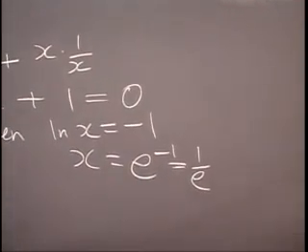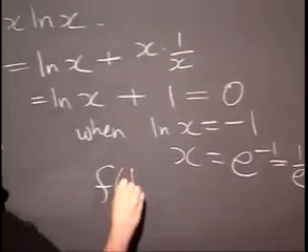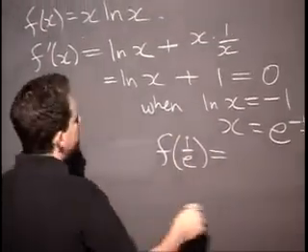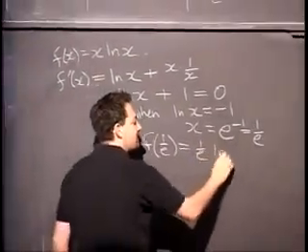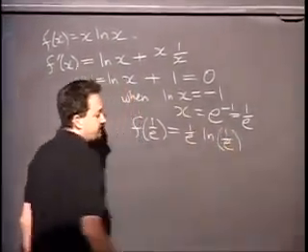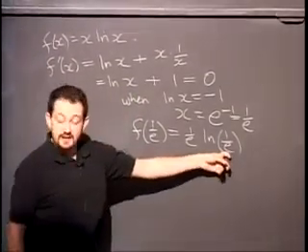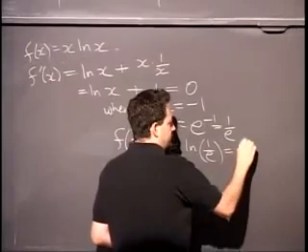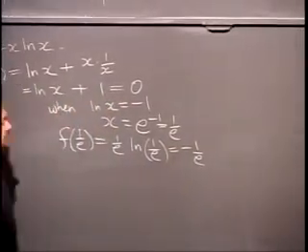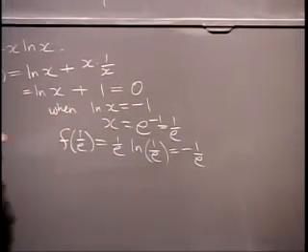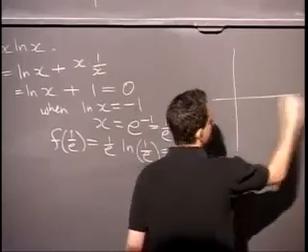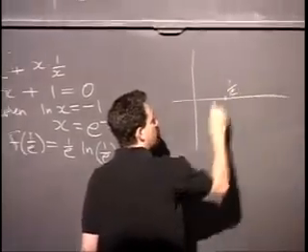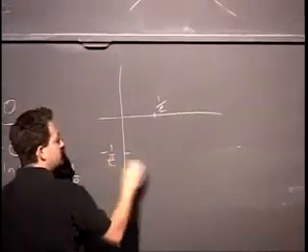And just for kicks, we'll find out that f of 1 over e is equal to 1 over e, natural log of 1 over e. Of course, this is e to the negative 1, so the log of it is just negative 1. And we find that we have negative 1 over e. So somewhere on this graph, we know the curve goes through 1 over e, comma, minus 1 over e.